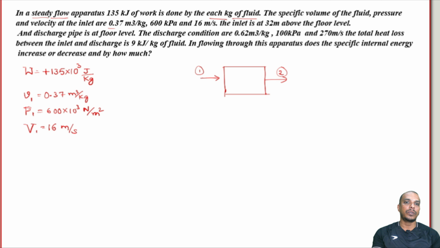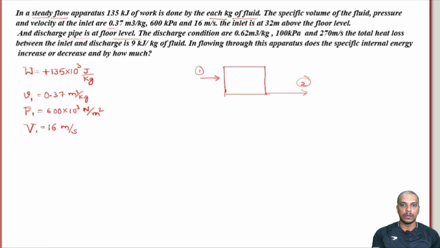and velocity is capital V, 16 meter per second, and the inlet is 32 meter above the floor level. So, let us say if this is the floor level, inlet is 32 meter above the floor level, because the second statement says discharge pipe is at the floor level. Now, let us say discharge pipe, I will keep it at the floor level.